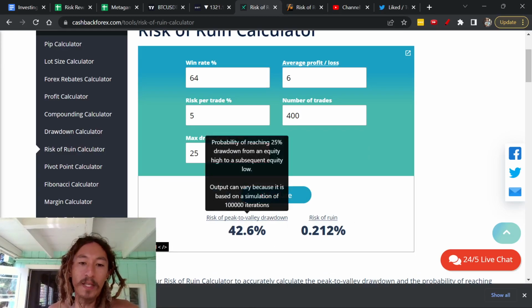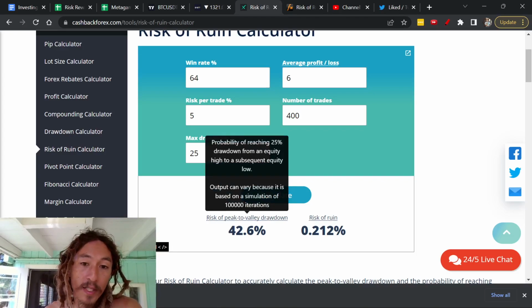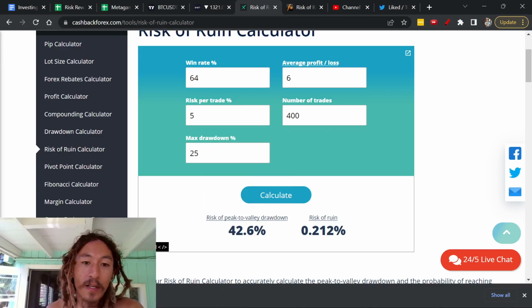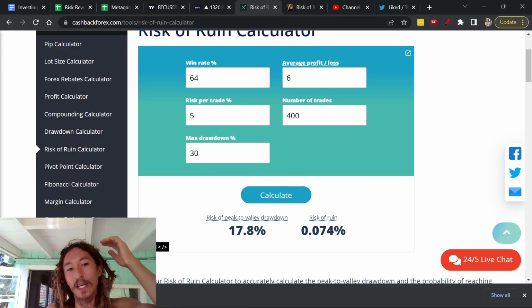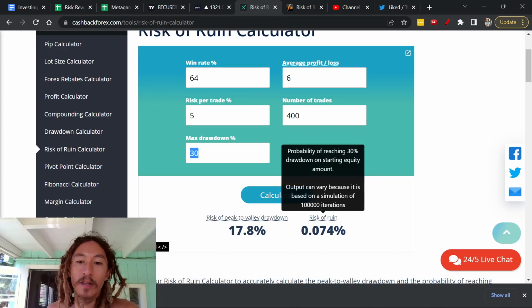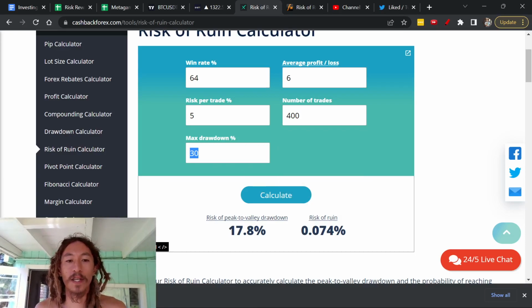So first is peak to valley drawdown. This is the odds of drawing down 25%, or it could be, say, 30, right? So we're going to set what is our max drawdown that we're okay with. And then risk of ruin is the odds of our starting capital going down that much. So if I say 30, what are the odds that at any point in time we have a 30% drawdown from where we started?